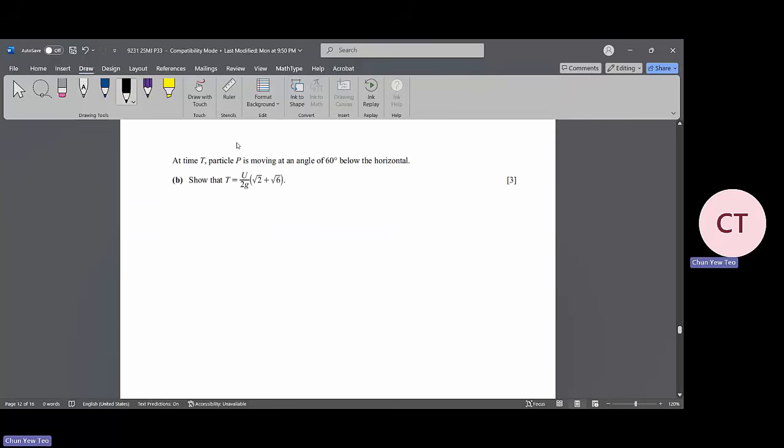Now move on, we have part B. At time T, particle P moves at an angle 60 degrees below the horizontal. Show that the d is equal to this. So when t is equal to d, my uy will be equal to root 2 over 2 u minus gt.